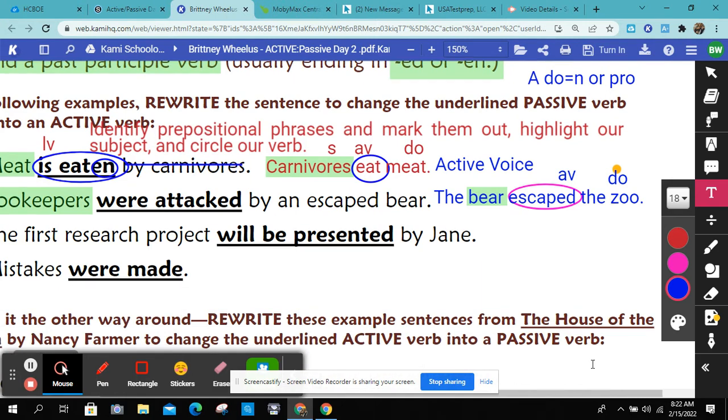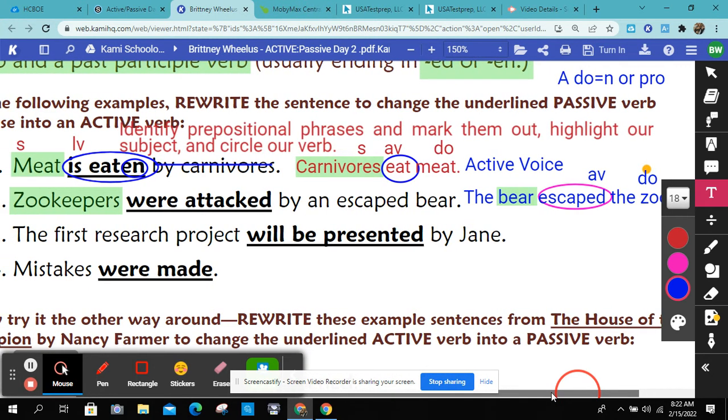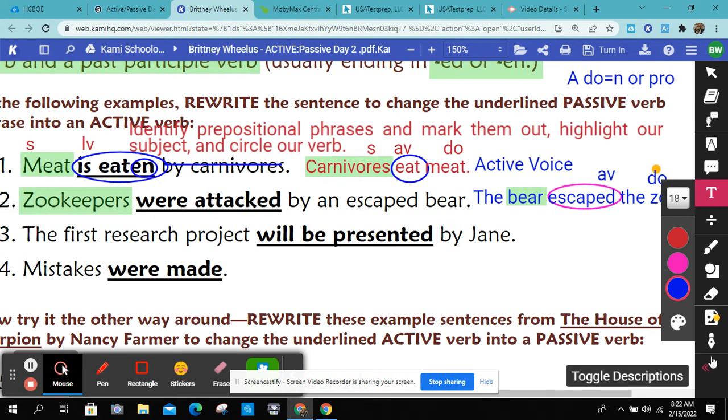All right, now let's look at number 3. The first research project will be presented by Jane. All right, first and research are adjectives describing what?